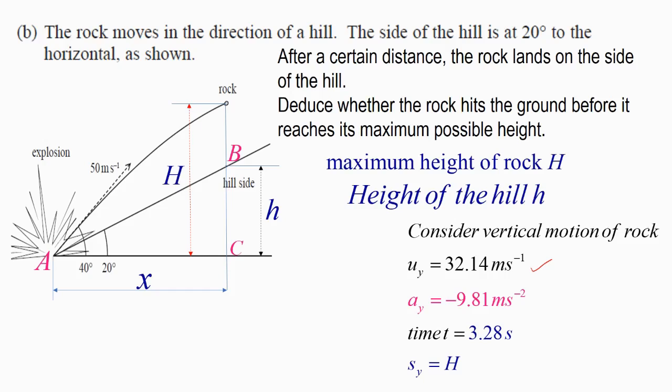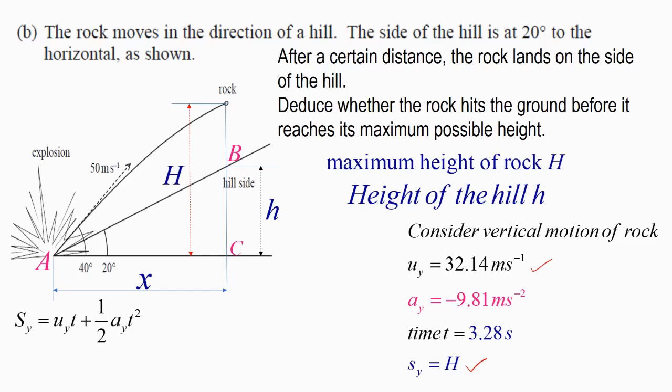And we know that the time required to reach the maximum height is equal to 3.28 seconds. Also, what about the maximum displacement in the vertical direction? It is the maximum height H. Then, by using the equation S is equal to ut plus half at square, we can use this expression in vertical motion: Sy is equal to uy t plus half into ay t square.